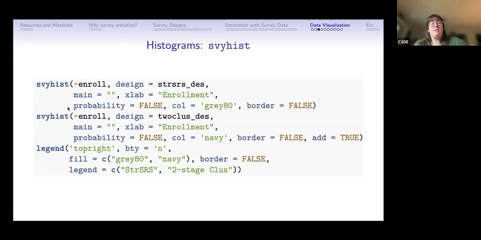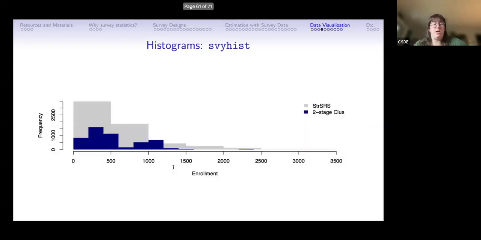I want to see frequency on the x-axis, not probability. I want the bars to be gray, and I don't want a border on my bars. I'm also going to add on here the estimates of enrollment by school from the two-stage cluster design. I'm going to make those navy, and this add equals TRUE argument is going to add that histogram onto the one I've already drawn, and then I'm going to make a legend to identify the two colors.